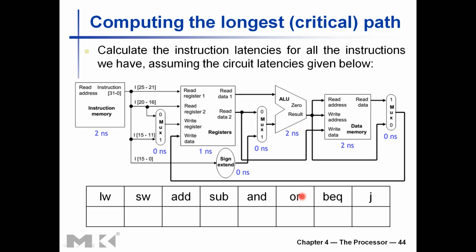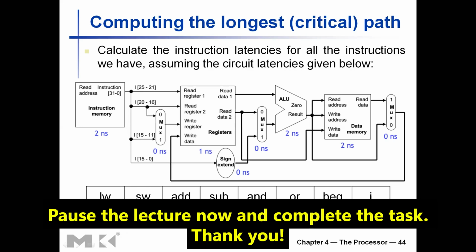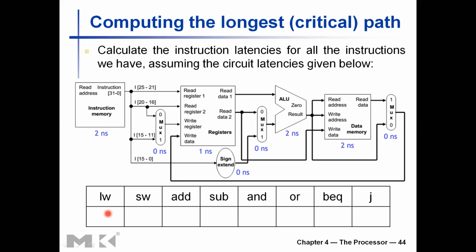Depending on what data path elements are used by these instructions, can you tell me the times taken to complete these instructions? How long does a load word instruction take?